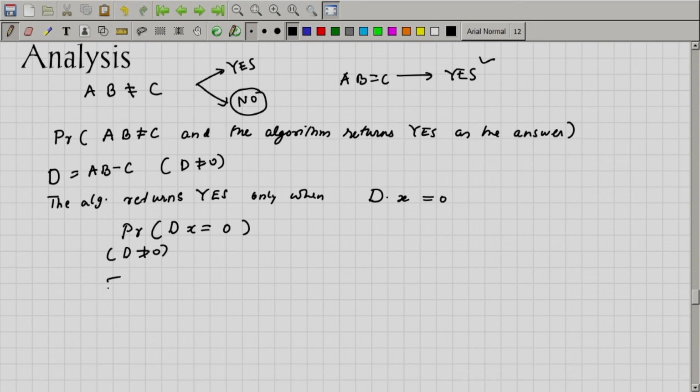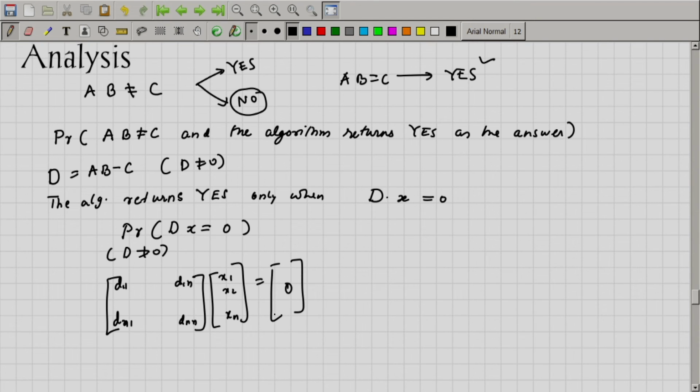Okay. So, D is this matrix which contains a lot of elements, let us say D11 up to D1n, Dn1 to Dnn. So, this times x1, x2, xn is equal to 0. We want to look at what is the probability of this.